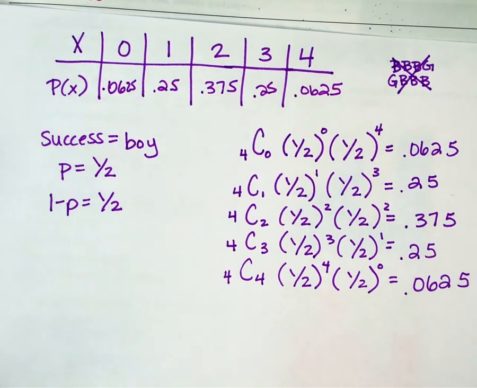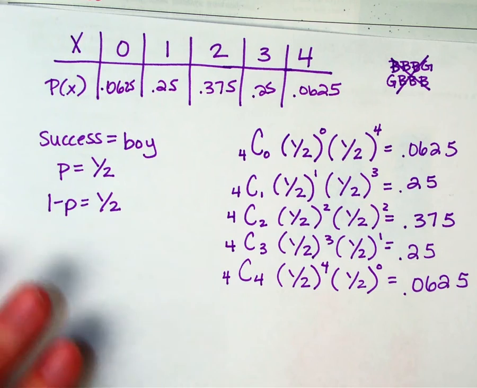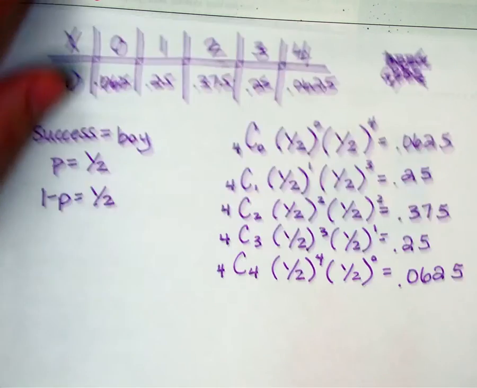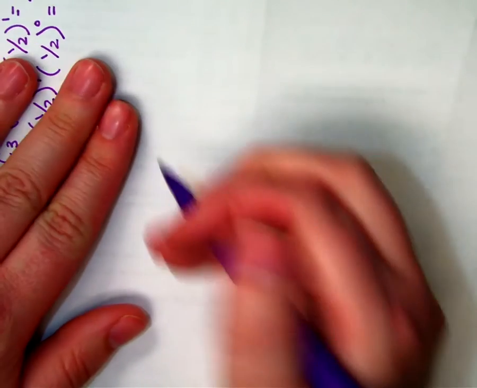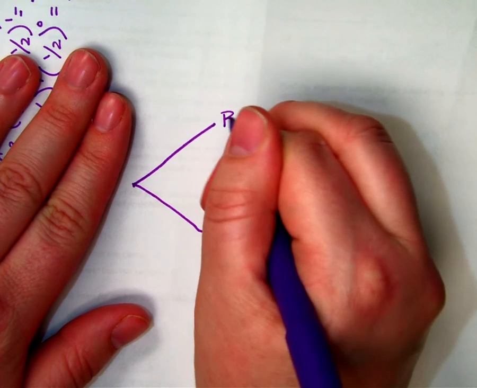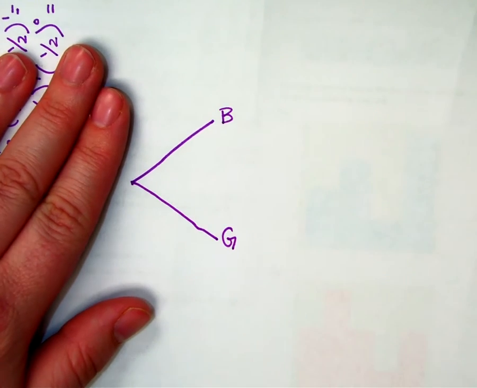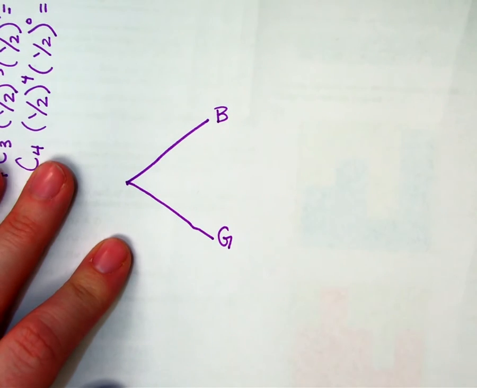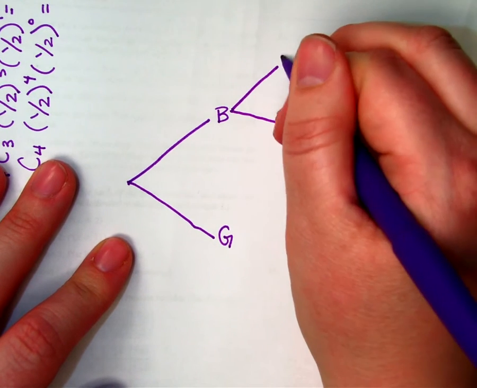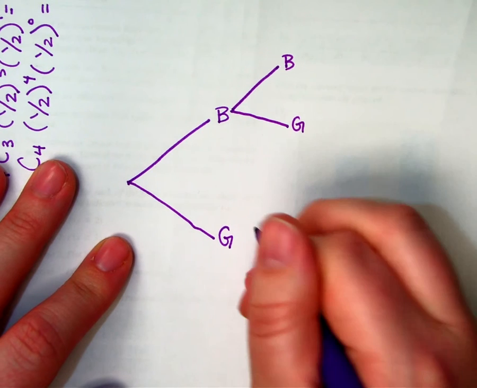All right, so your book suggests using a tree diagram. You could do that as well. So you would start by branching out. First child is either a boy or a girl. Your next child is either a boy or a girl.